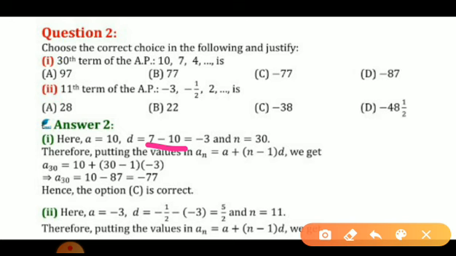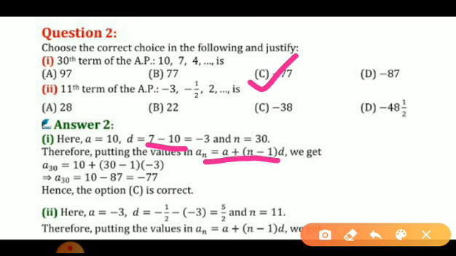So the common difference you have got is minus 3. Just substitute the values in the given formula and you will get A30 as minus 77. That means option C, minus 77, is correct.